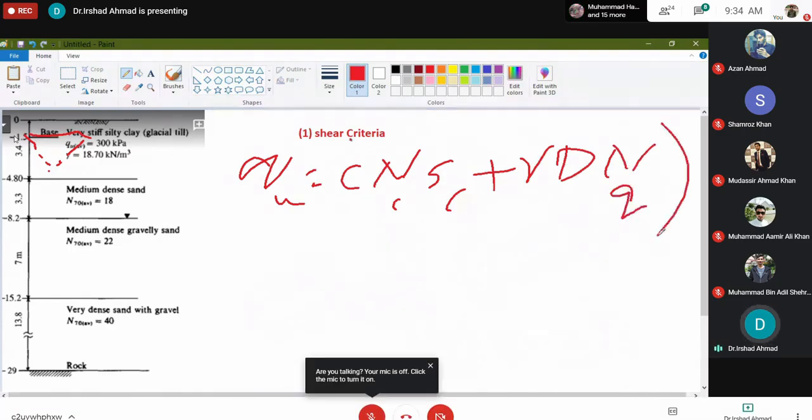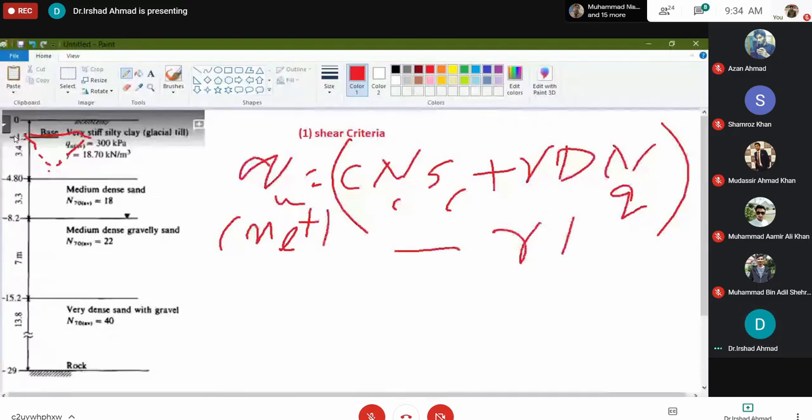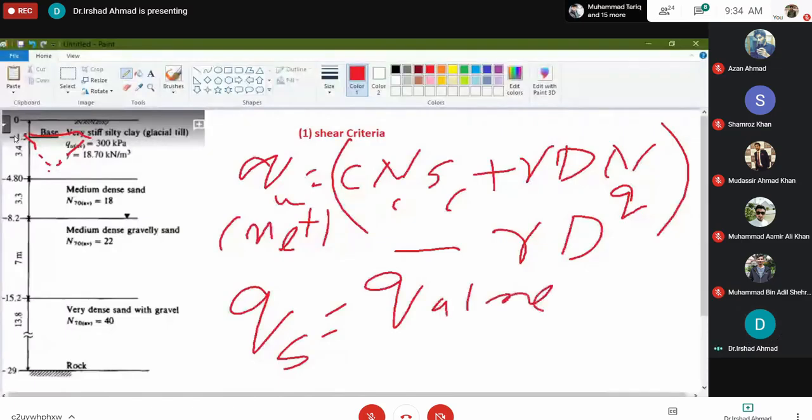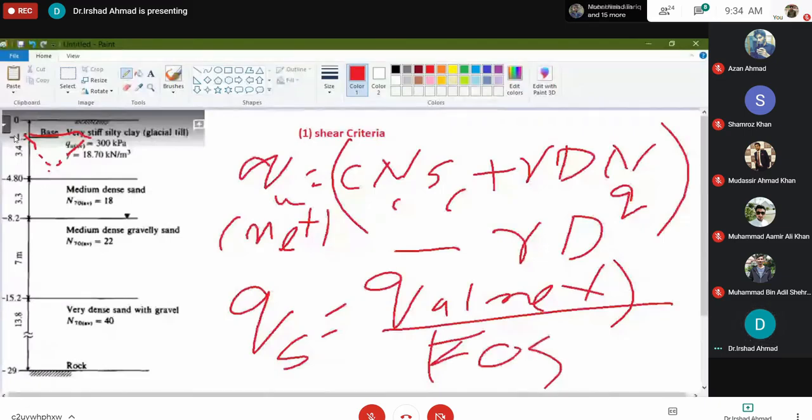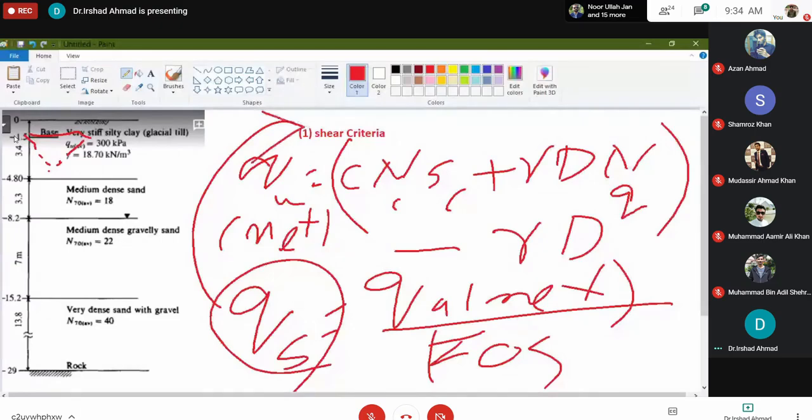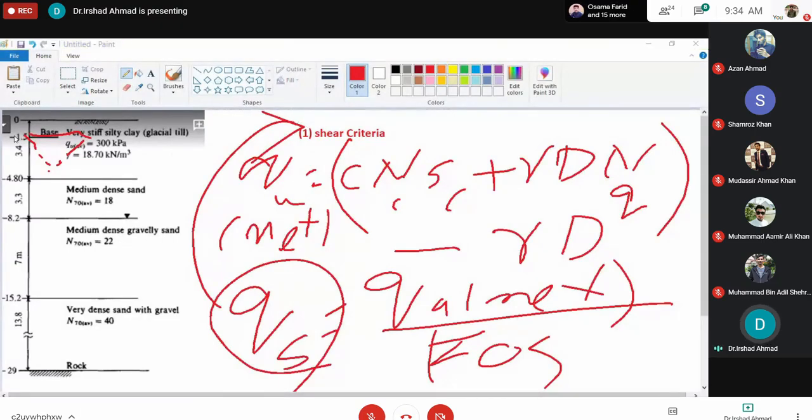And in terms of net, you say minus gamma D. Okay, and q safe is equal to qu net divided by factor of safety. So you get q safe. This is criteria number 1. Right? Here is the detail.